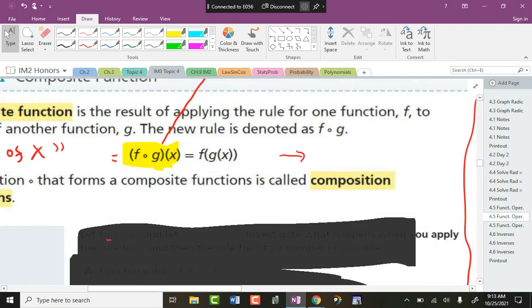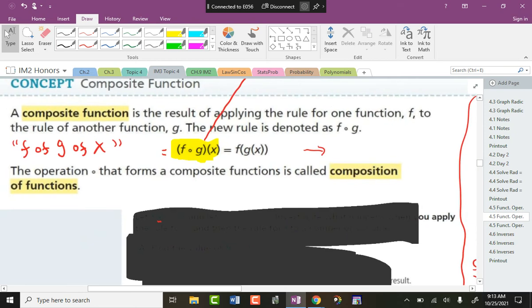Okay? So, here's what it really is. It's that word that starts with an S again. This is really substituting g into f.